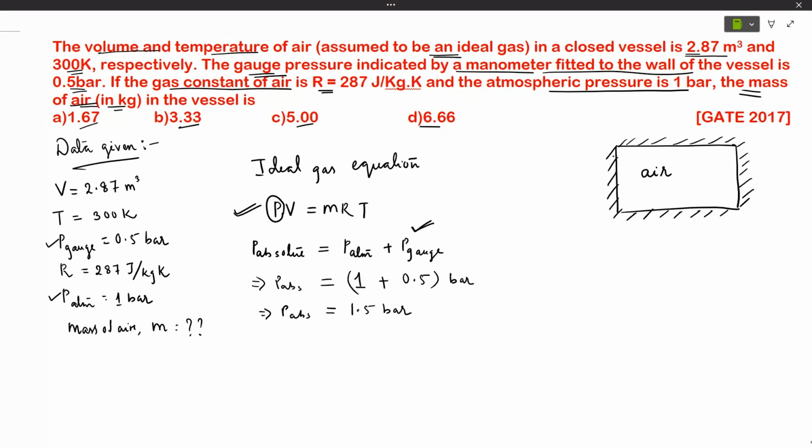This P absolute we have to substitute in the ideal gas equation.